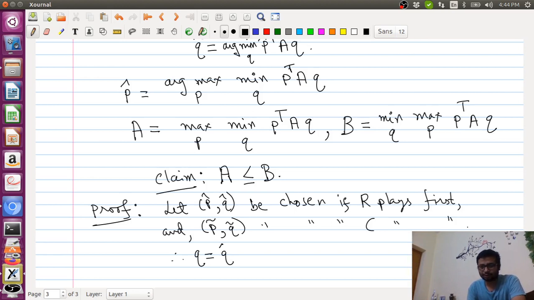So Q equal to Q hat minimizes P hat transpose A Q, which means that P hat transpose A Q hat is less than or equal to P hat transpose A and any other Q, and in particular Q tilde.